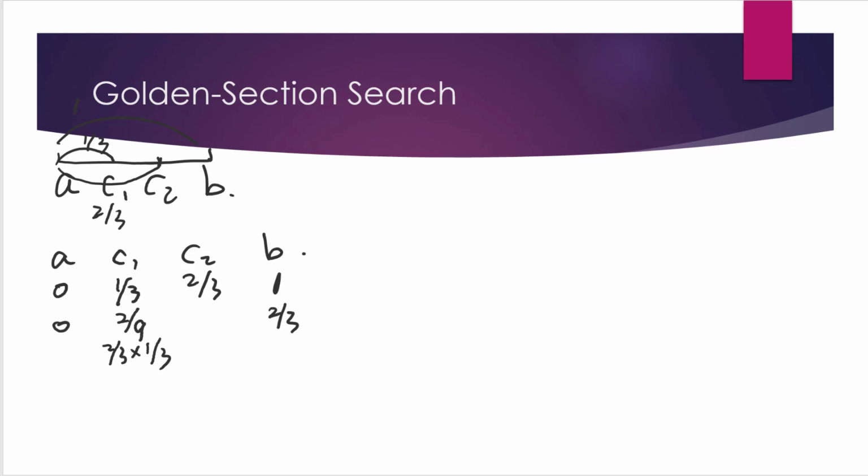And this point C2 will be 2/3 times 2/3, so it's 4/9, right? The function values at these two points, 2/9 and 4/9, were never evaluated before, so we have to evaluate them.